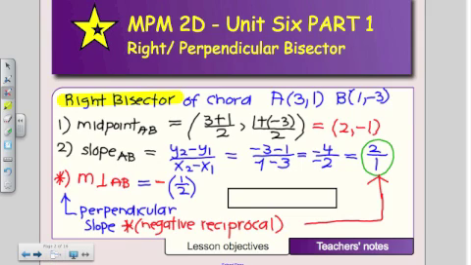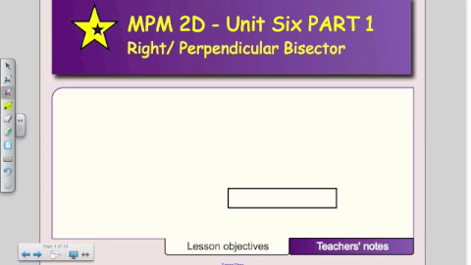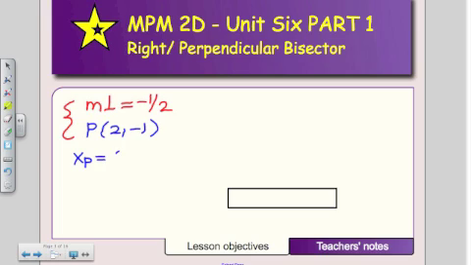Now, in order to generate the equation of the line, I need two pieces of information. My negative reciprocal slope, which is -1/2, as well as my midpoint, the point (2, -1). The x-coordinate of this midpoint is going to be my xp. The y-coordinate of this midpoint is going to be my yp.